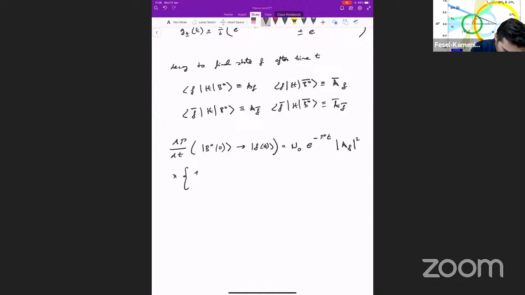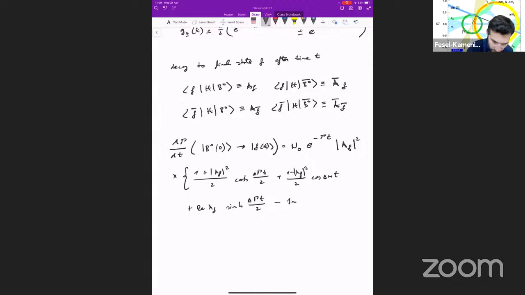dependence as (1 + |lambda_f|^2)/2 times cosh(Delta Gamma t/2) plus (1 - |lambda_f|^2)/2 times cos(Delta m t) plus the real part of lambda_f times sinh(Delta Gamma t/2) minus the imaginary part of lambda_f times sin(Delta m t).